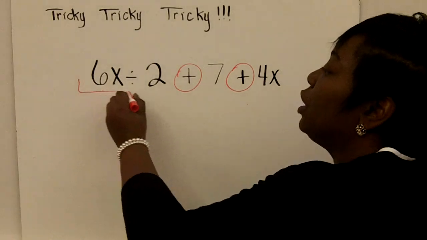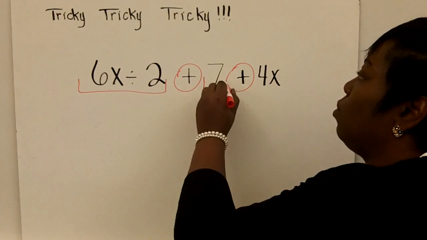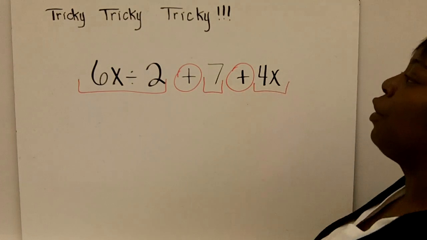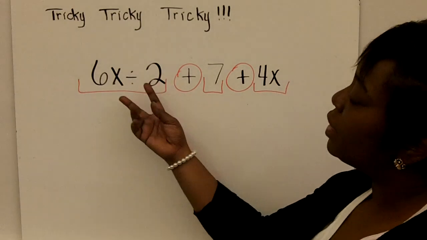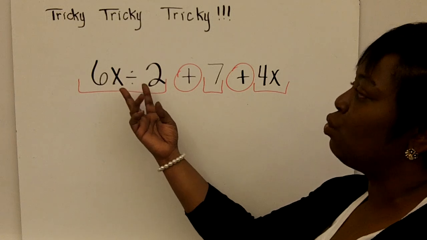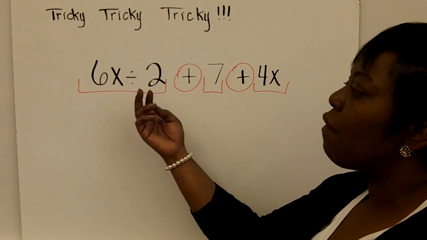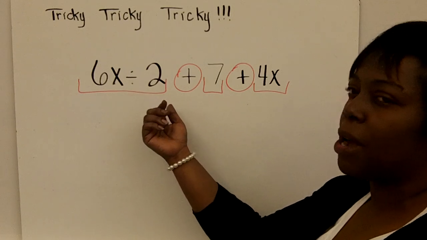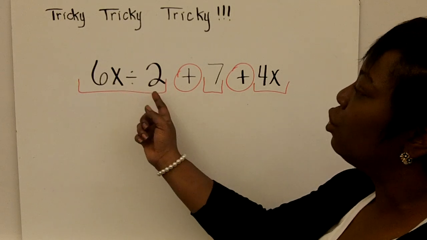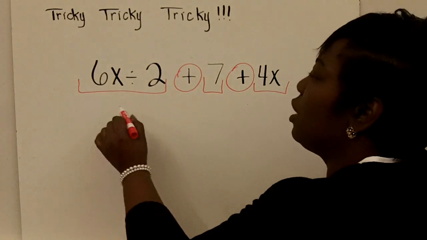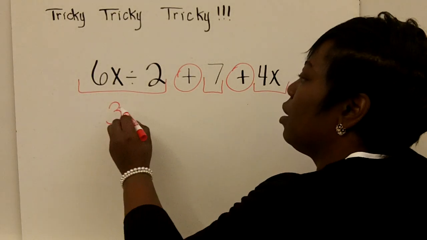There's actually 3 terms in this expression. 1, 2, 3. Problem is that we can break this term down even further. Right now it says 6x divided by 2, but we can divide 2 into 6 to give me 3x.